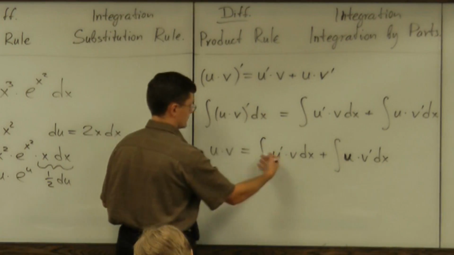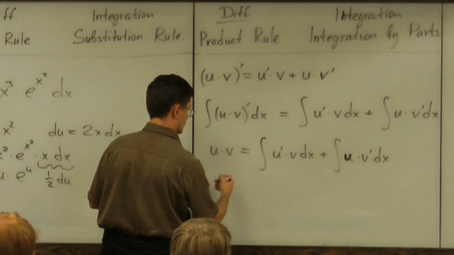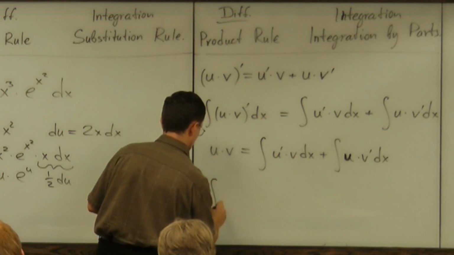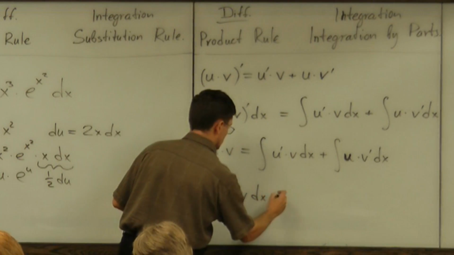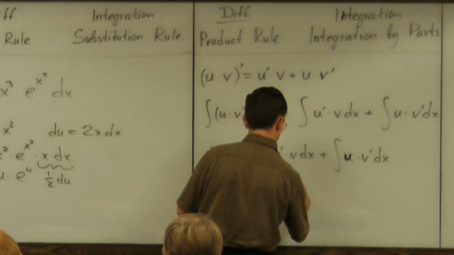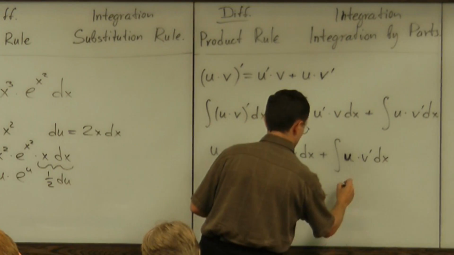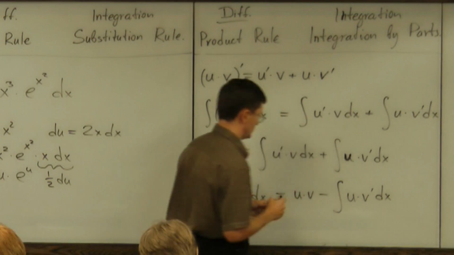Right, so the idea is that you solve for, well, let's say, the integral of u prime times v dx, and that is u times v minus the integral of u times v prime dx.